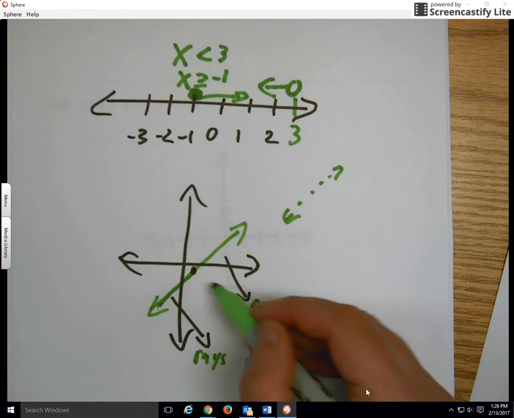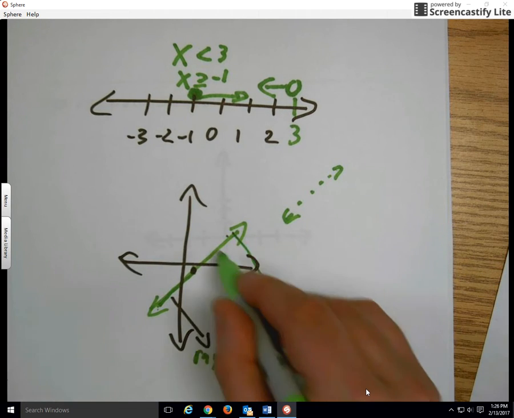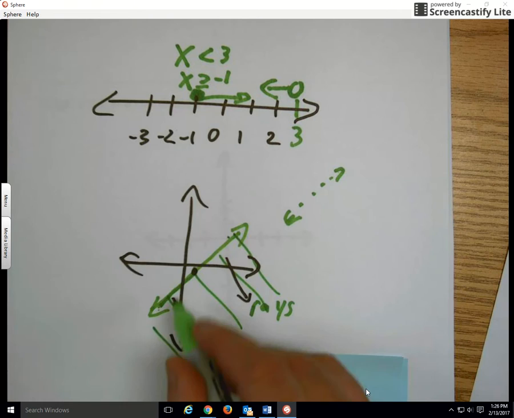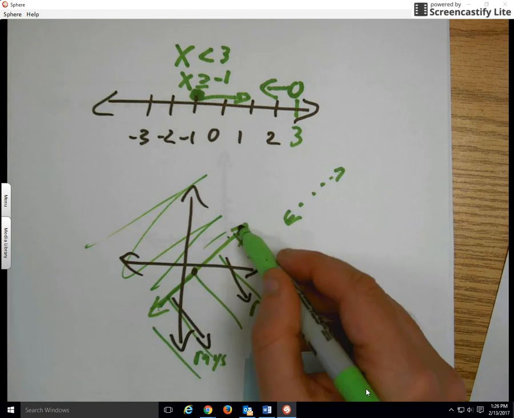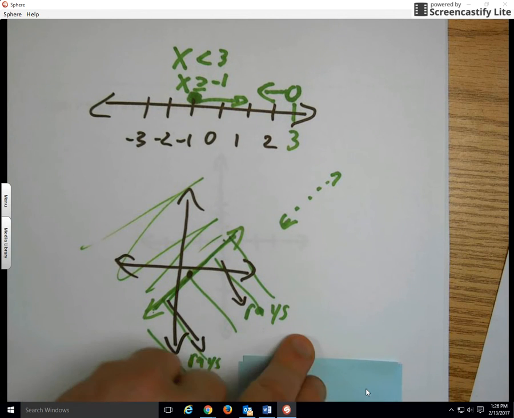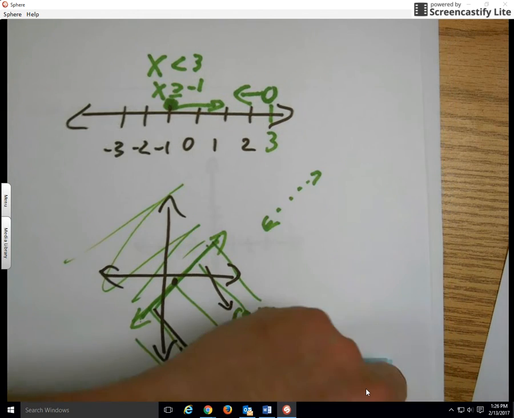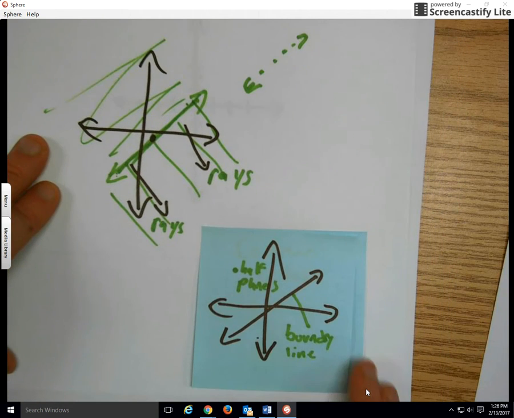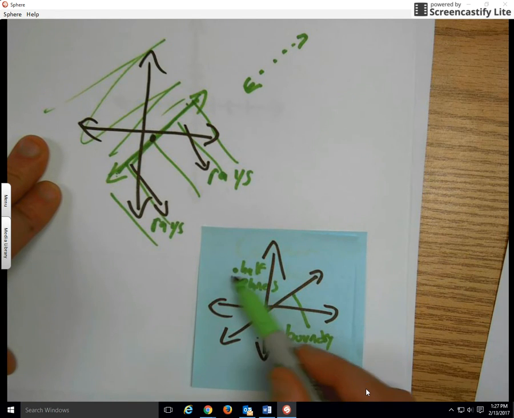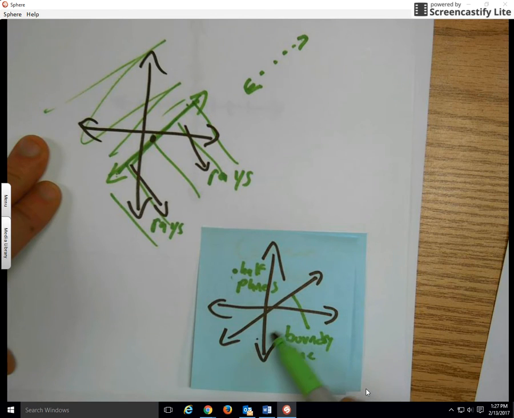If you separate the whole graph, meaning one side and then another side, this is called a boundary line. So a boundary line is what separates the two halves of a graph, and we call one half a half plane and the other half a half plane.